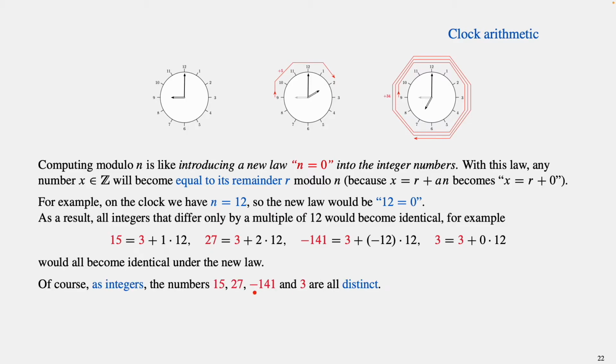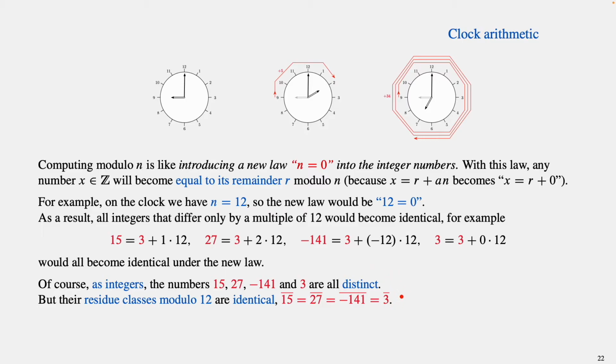Of course, taken as integers, these numbers are all distinct. But the residue classes modulo 12 are identical, because we see all these numbers here have remainder 3 on division by 12. So the class of 15, the class of 27, the class of minus 141, and the class of 3 are all identical modulo 12.